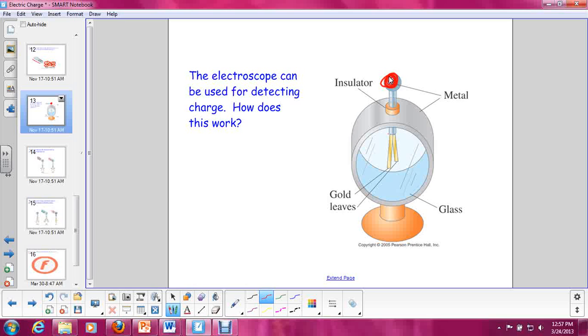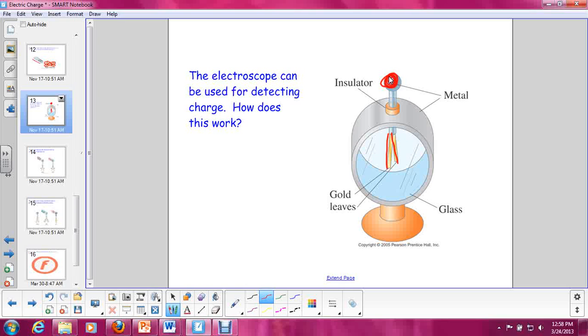And it is connected to some gold leaves. Gold is a metal, it is a conductor. And they use gold because you can get it in very, very thin filaments, or thin sheets, I guess. And that will allow them to move when there is a charge on them.